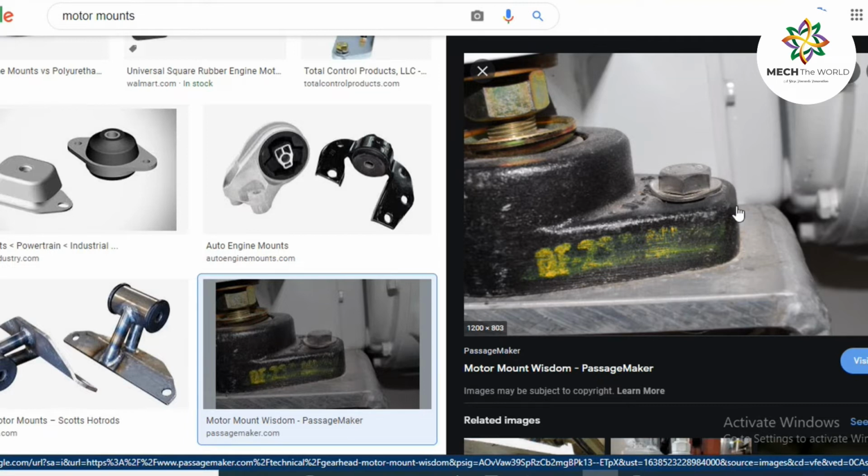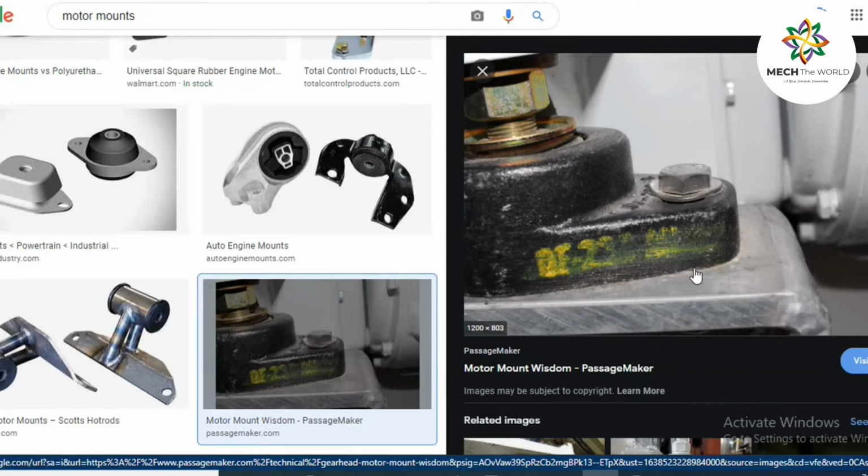The provision of this mounting is made in such a manner that if the motor starts working, if the motor rotates, then obviously it is going to make some vibrations, and because of those vibrations it is going to produce noise.